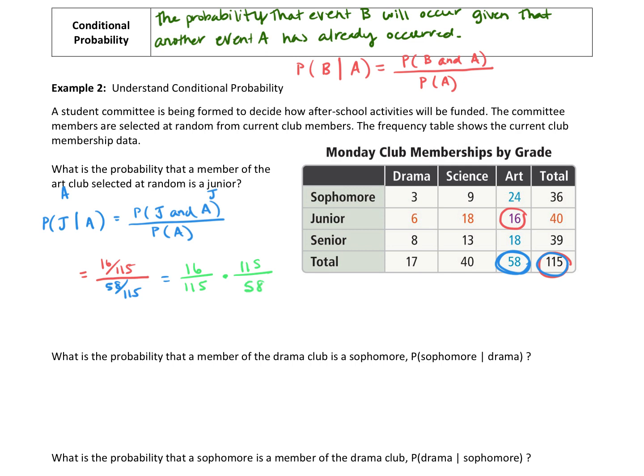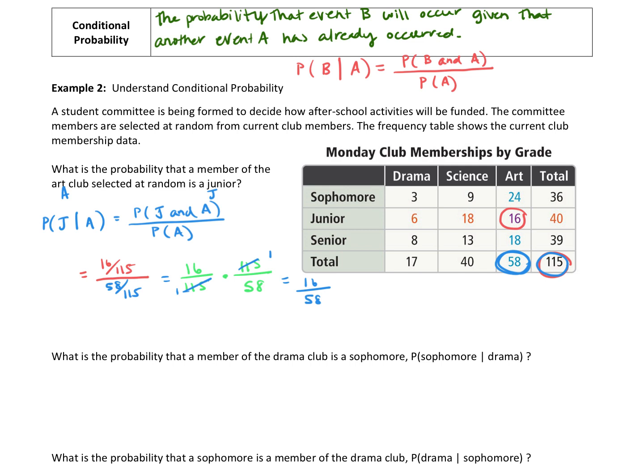And then what happens is these 115s we can cross reduce. What we have left across the top is 16, across the denominators 58. And when we cross those off, we're left with 1. So we're dividing this 115 by 115, leaving us with 1, dividing this 115 by 115, leaving us with 1.